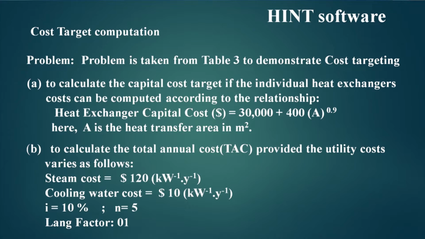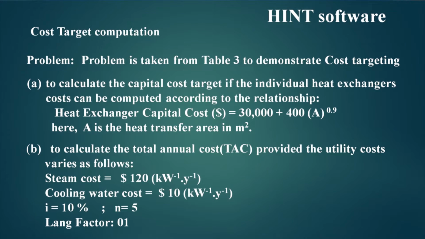And to calculate the total annual cost, the fixed cost as well as operating costs are required. So, there are two utilities, one steam and other is cooling utility, that is cold water. So, we have to provide both the costs. So, steam cost is $120 per kilowatt per year, and cooling water cost is $10 per kilowatt per year.